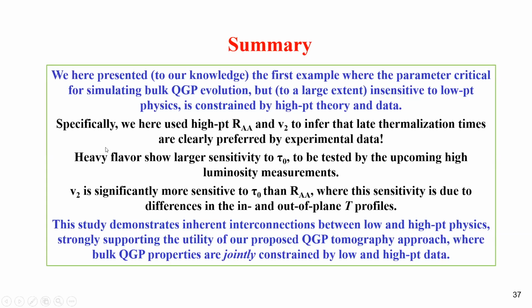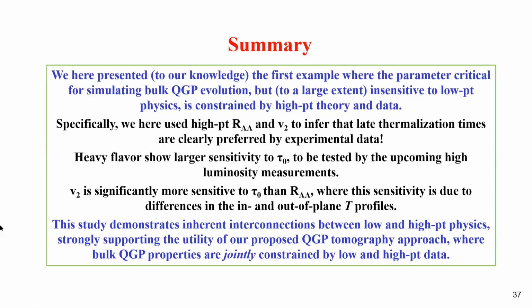We have also shown that heavy flavors show larger sensitivity to thermalization time, which can be tested in the upcoming high luminosity measurements. We have also shown that v2 is significantly more sensitive to tau 0 than RAA, where this sensitivity is due to differences in in-plane and out-of-plane temperature profiles.